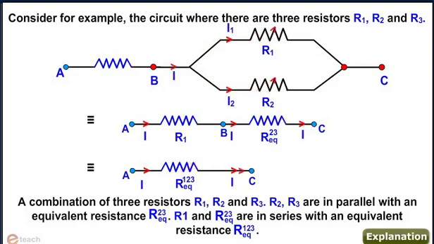R2 and R3 are in parallel and hence we can replace them by an equivalent resistance between points B and C as shown. The circuit now has R1 and the equivalent resistance R23 in series, and hence their combination can be replaced by an equivalent resistance as shown.